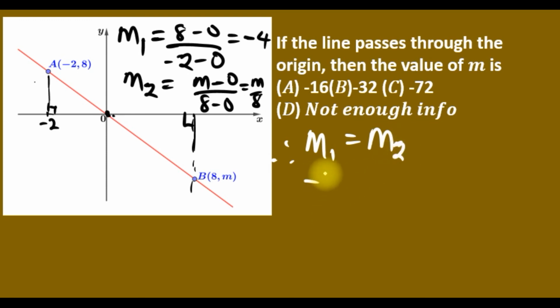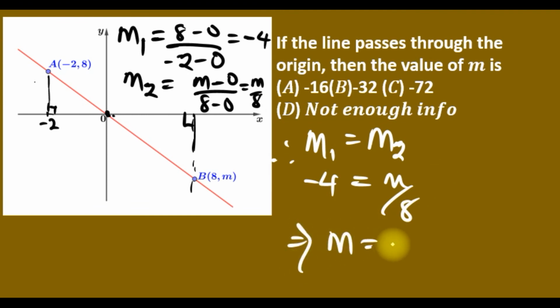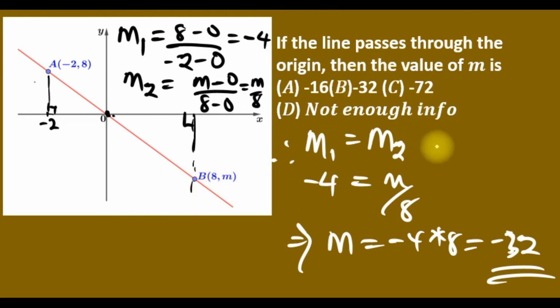So m1, minus 4, is equal to m2, which is m over 8. This implies that m is minus 4 times 8, which is minus 32. So that's it. The value of m is minus 32. The answer is option B.